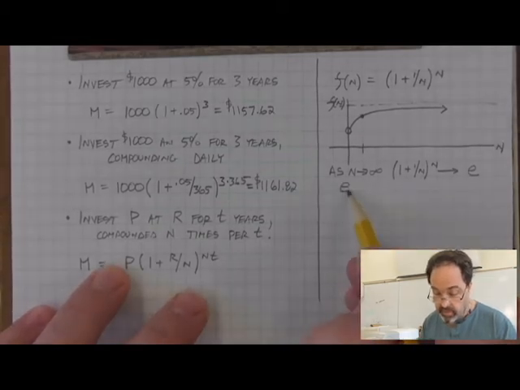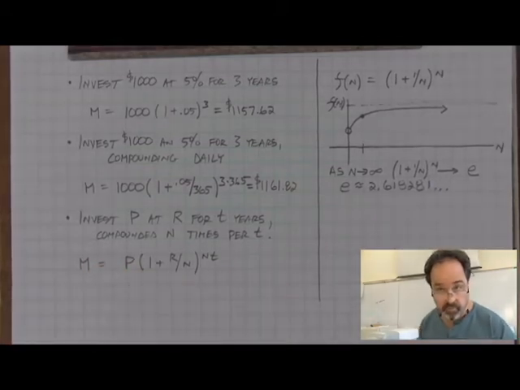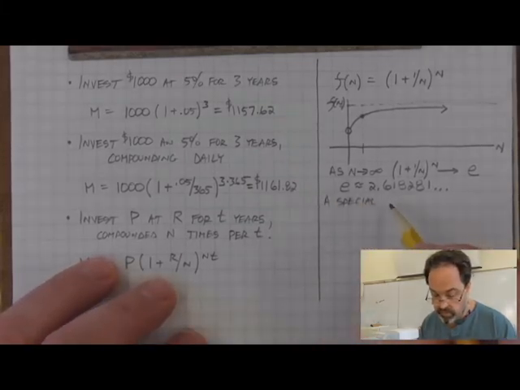E has an approximate value of 2.618281, and it's irrational, so we can never write it down completely. This is a special number, and it's a constant. It's always the same value.